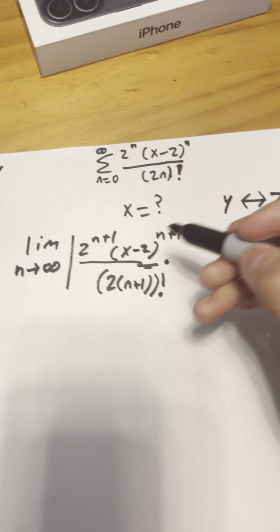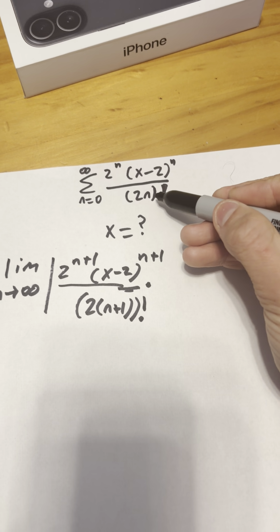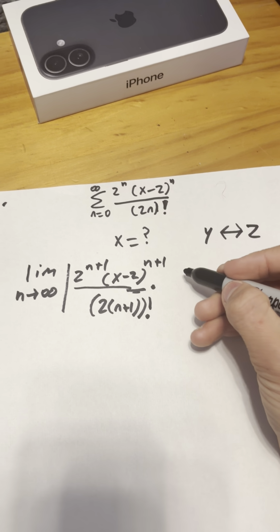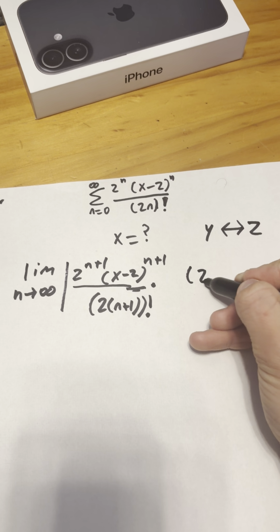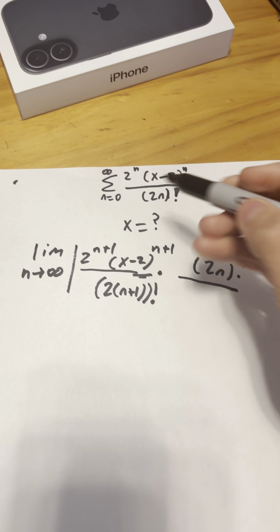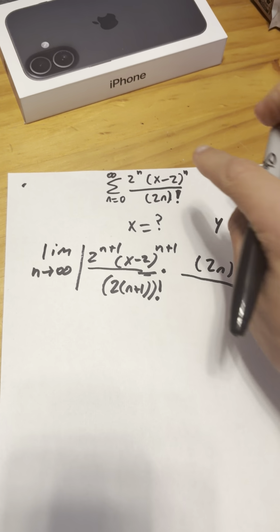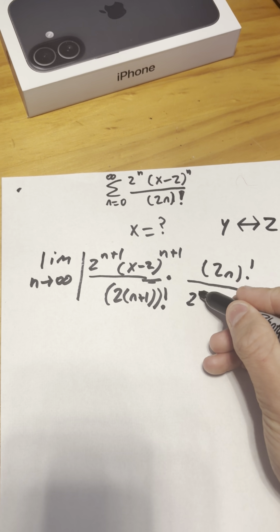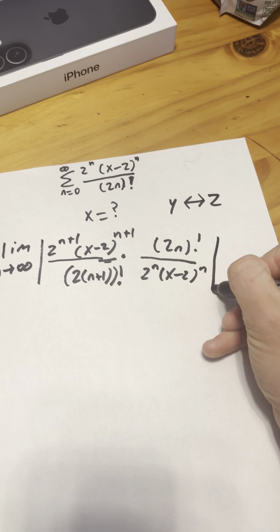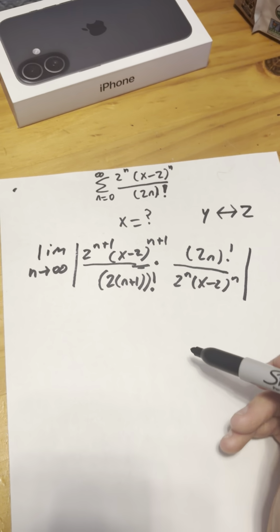And the reciprocal I'm talking about is you leave the n's regular, but just flip it. Like the 2n factorial is going to be on the top. And the numerator is going to flip to the denominator. And it's all absolute valued.